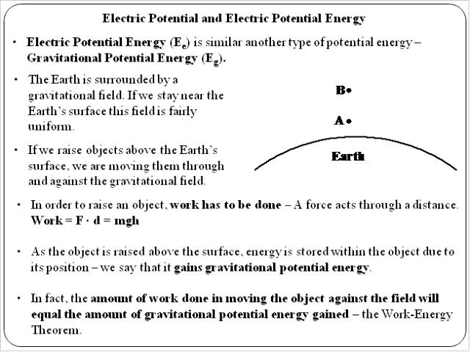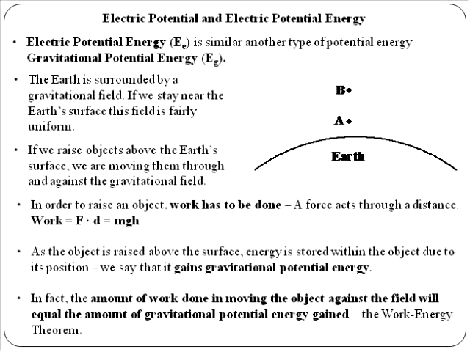Anyway, let's talk about electric potential energy then. So electric potential energy is very similar to the concept of gravitational potential energy that you covered in Physics 2204. So the Earth, remember, is surrounded by a gravitational field. And that field is fairly uniform for the most part.